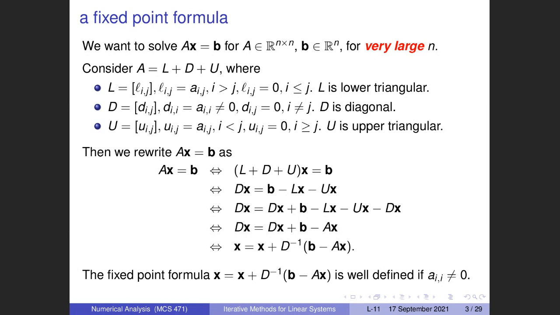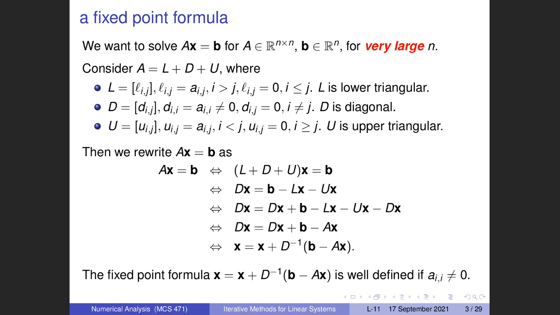Well, from the LU factorization, we already know that solving lower triangular and upper triangular matrices has a lower cost. So we will split off the lower triangular part, actually the strict lower triangular part. Then we have the diagonal part and the upper triangular part.